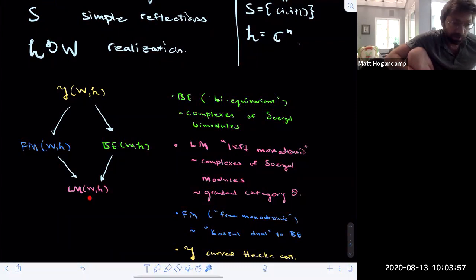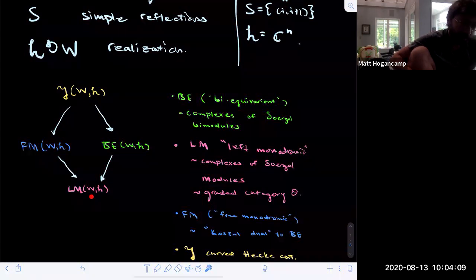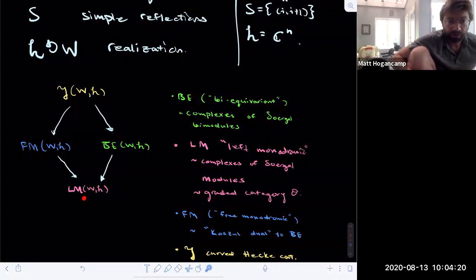Down here, we have the left monodromic category. This is a version of complexes of Soergel modules. So you take here the left quotient of Soergel bimodules, and we're looking at the homotopy category of complexes in that category. This FM, for the free monodromic category, is the Koszul dual of BE.